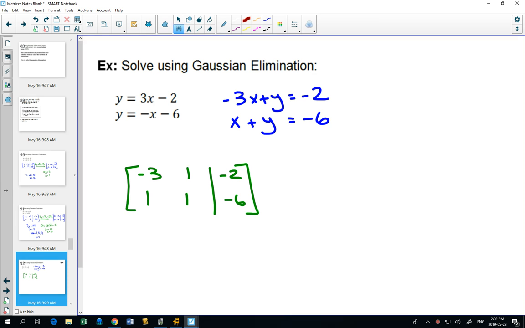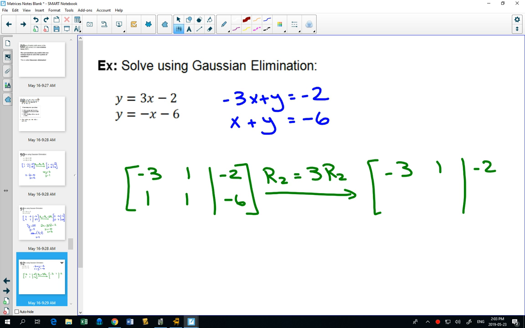So you might want to take an extra step and say, I'm going to make row 2 equal to 3 times row 2, because I'm allowed to multiply a row by a number. If I do that, row 1 stays the same. And now row 2, which has been multiplied by 3, is now 3, 3, -18. If I do that, it's really obvious that now if I add the 2 rows together, I'm going to get a 0 where I want it to.